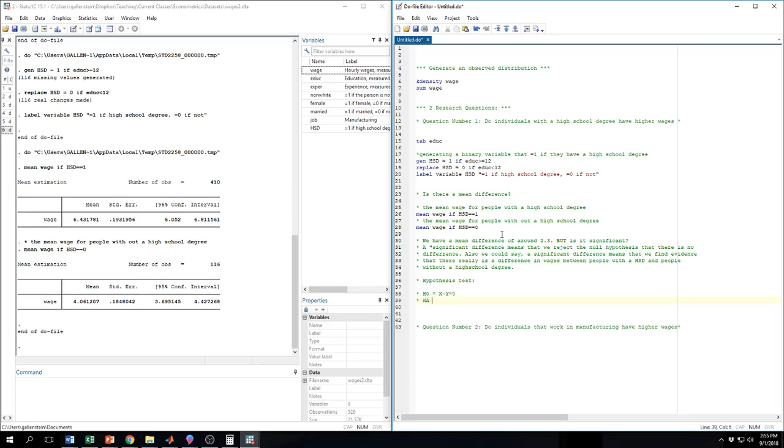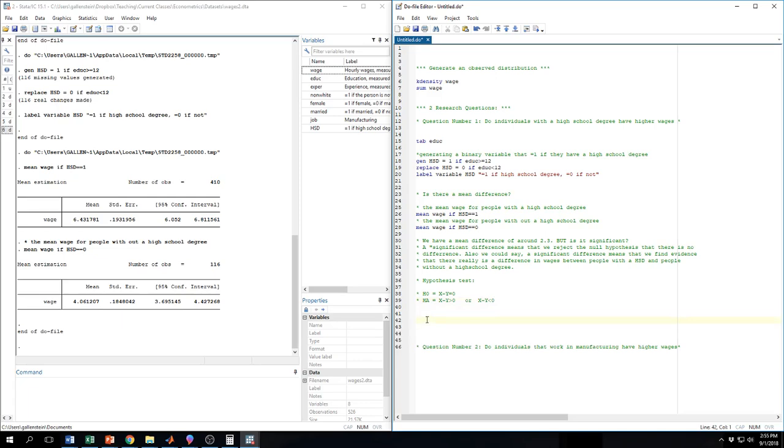Our alternative hypothesis will be that x minus y, so the wages for people with a high school degree minus the wages for people without a high school degree, is greater than 0, or it is less than 0. All right. That is what our hypothesis test is going to be.